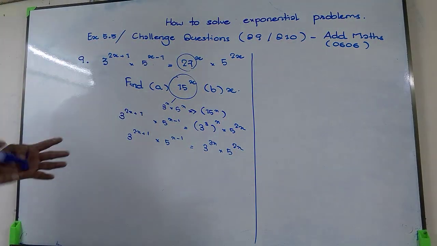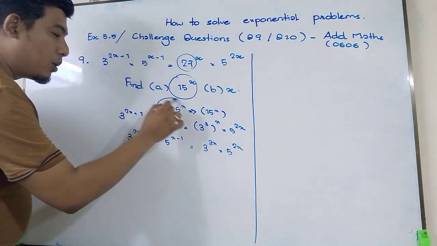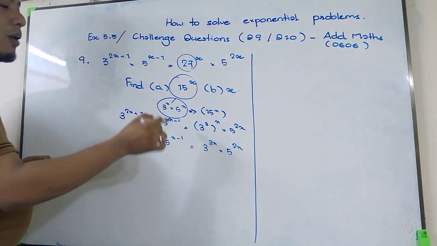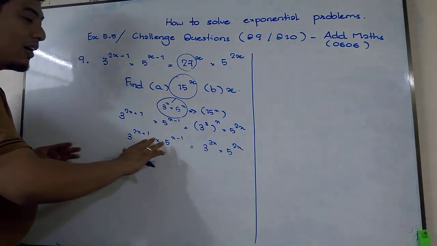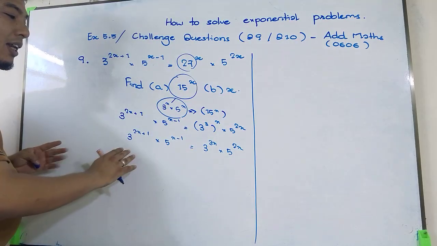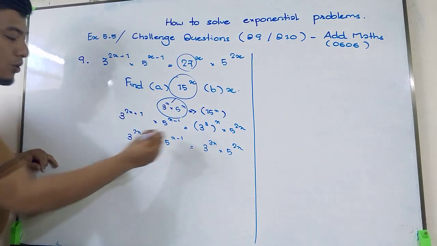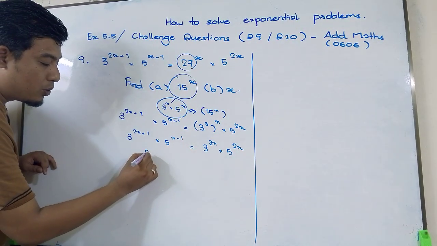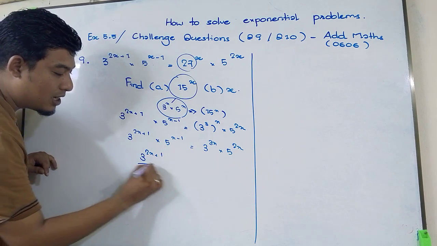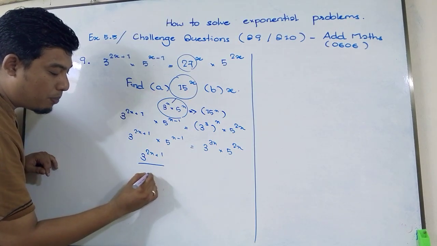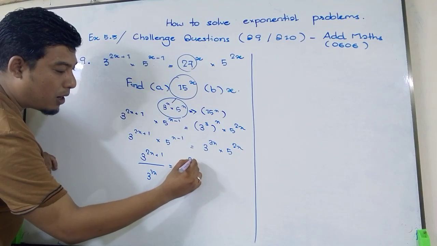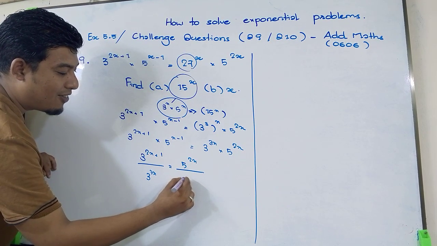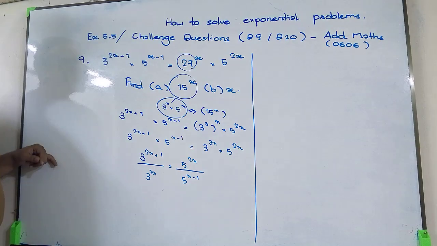As I said before, you have to make 3 to the power x times 5 to the power x to get 15 to the power x. So now I have to put all the 3s on one side and all the 5s on the other side. So 3 to the power 2x plus 1 divided by 3 to the power 3x is equal to 5 to the power 2x divided by 5 to the power x minus 1.